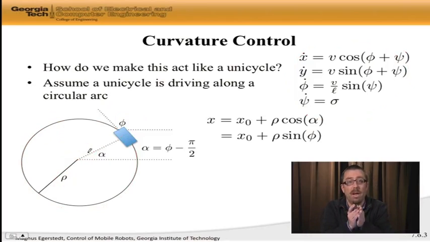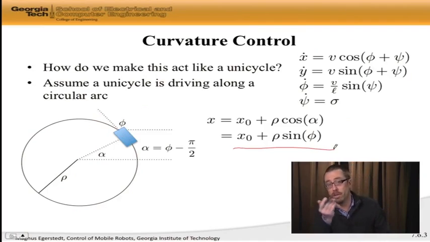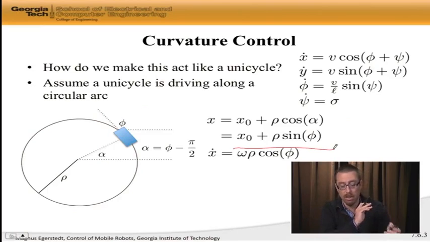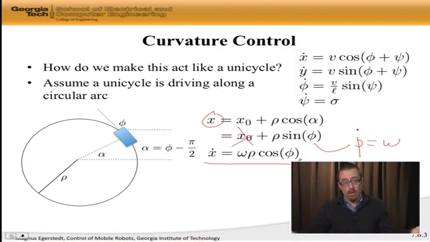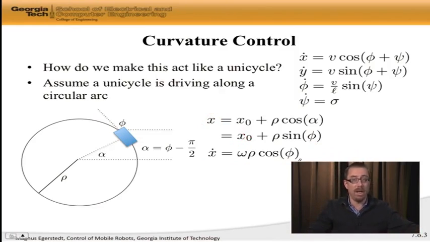But because alpha is phi minus pi over 2, I can write this as x naught plus rho sine phi, thanks to one of my favorite trigonometric identities. Well, if I take the derivative of this with respect to time, I get that, well, the derivative of x naught is 0. The time derivative of phi, phi dot, is equal to omega. So my x dot becomes omega rho cosine phi.